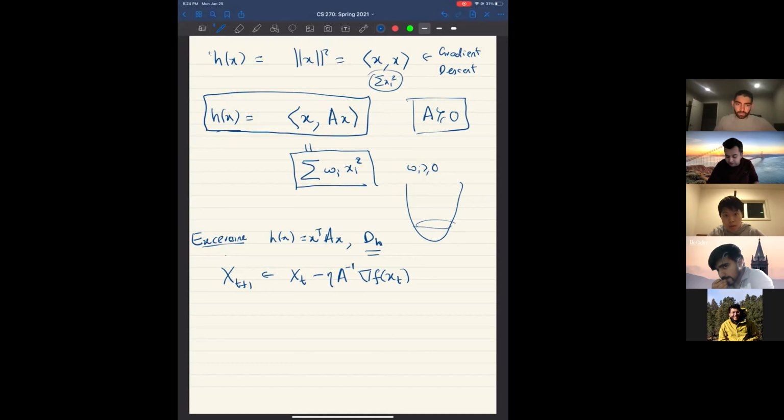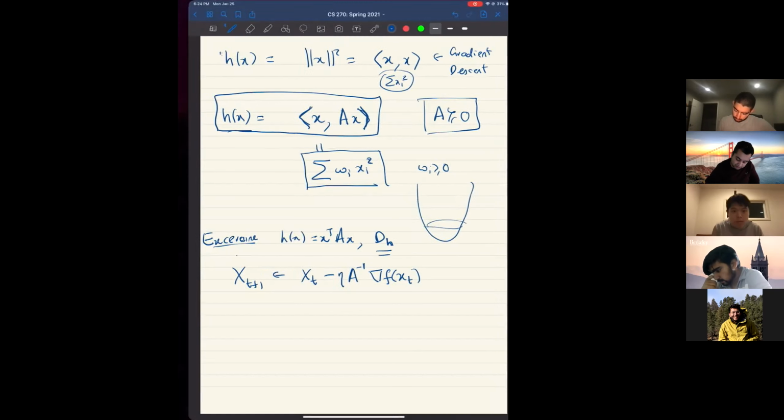Now it's a different penalty, which is summation wi xi squared. It's a penalty that weighs different directions differently. In some directions the penalty doesn't grow quickly, and in some directions the penalty grows quickly, depending on the values of these wi's, or on how this quadratic function behaves.